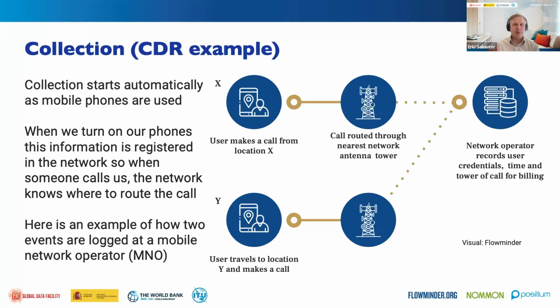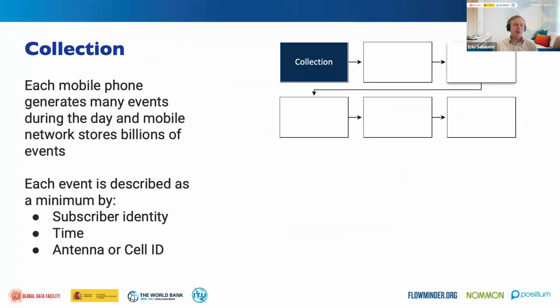This process goes on whenever you are actually using your phone, either making calls, in the case of call detail records, or using data networks for browsing the internet. Everything happens in the same way. And this is how we generate a lot of location information on the mobile network operator side.